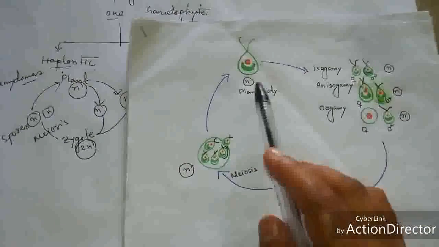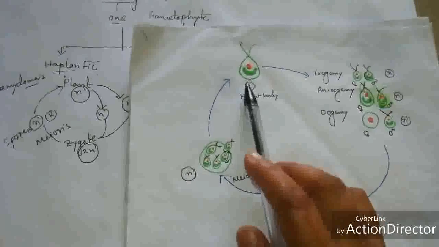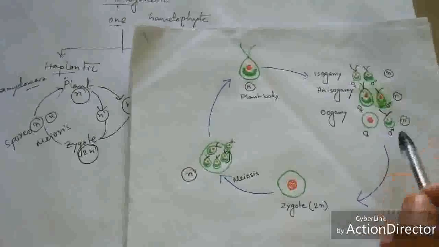So here is a haploid plant body, Chlamydomonas, in which fusions occur.